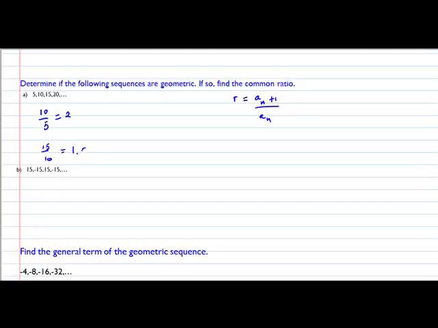I have 3/2. Since the ratio of these two terms is not the same as the ratio of term number 3 over term number 2, therefore this is not geometric. To be a geometric sequence, we must have a common ratio throughout the sequence. So this is not geometric.